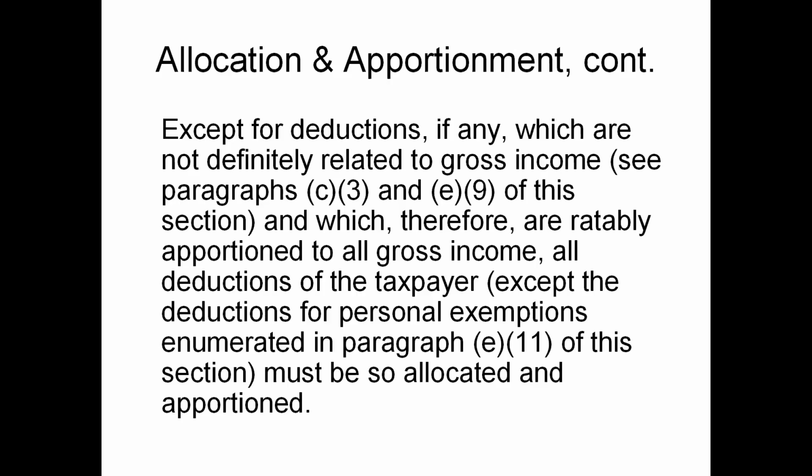Skip the parenthetical clause. All deductions of the taxpayer must be so allocated and apportioned. That means we have to do it for everything, not just some of the stuff, not just things we identify as related, everything.